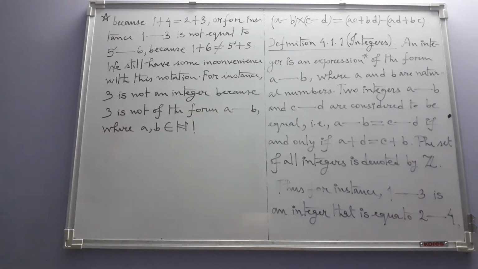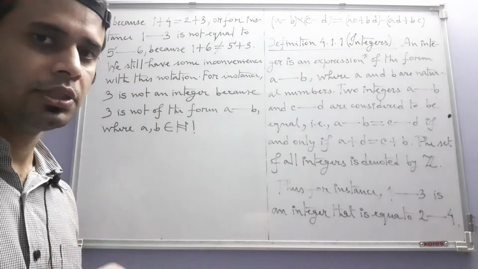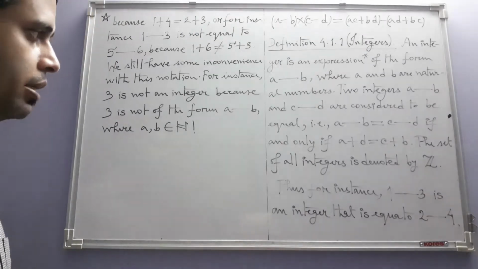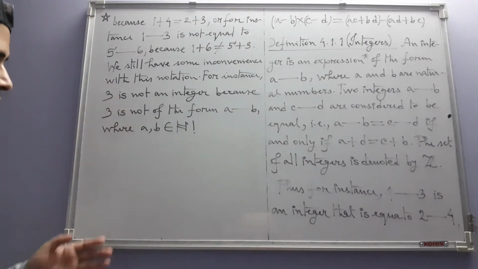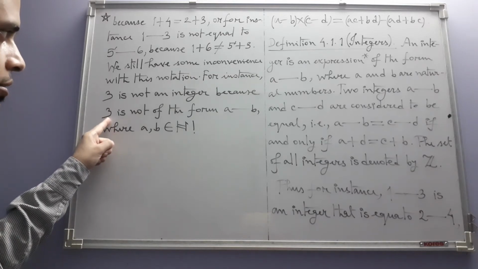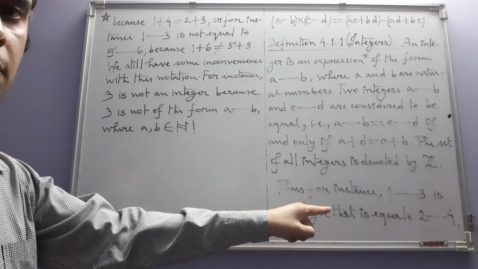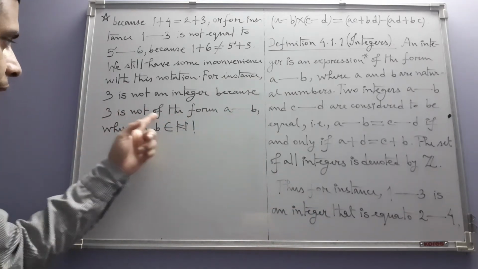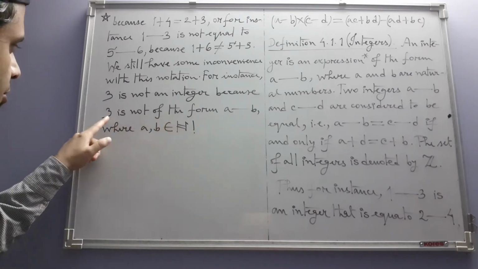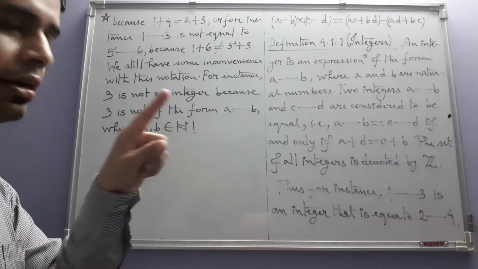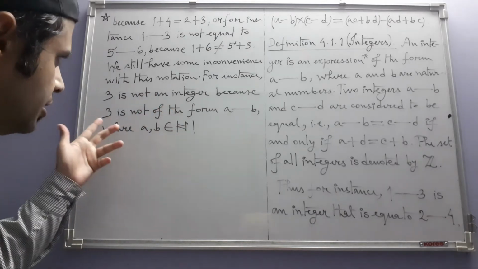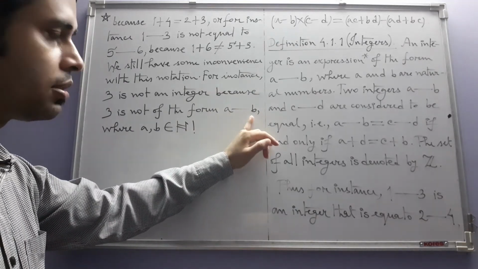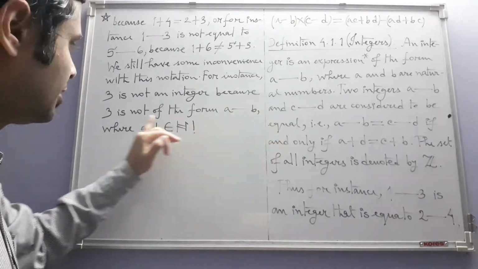So you see, we already know from our experience with integers that natural numbers themselves are also integers, but we don't see that happening here. This natural number 3 clearly, according to our definition, is not an integer simply because 3 is not of this form. Do you see any dash here? No. Also, in 3 there is only one natural number involved, that is 3 itself. However, according to our definition, an integer must have 2 natural number parts that we don't see here.